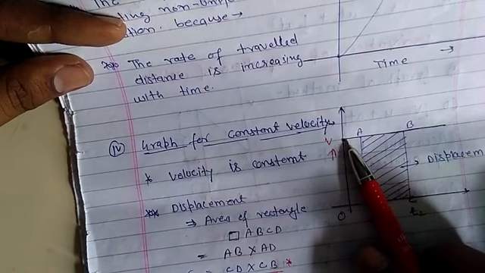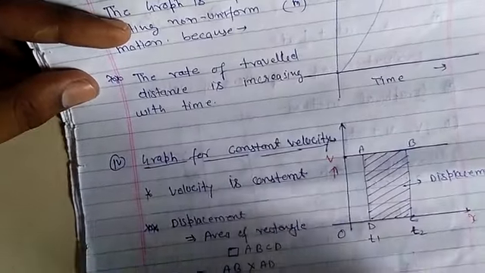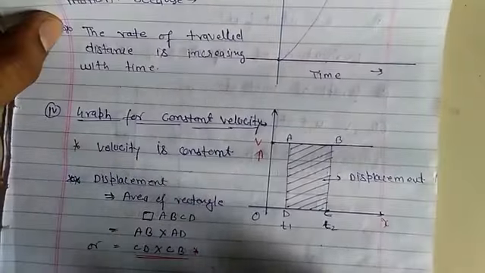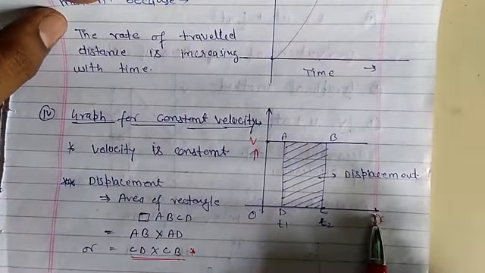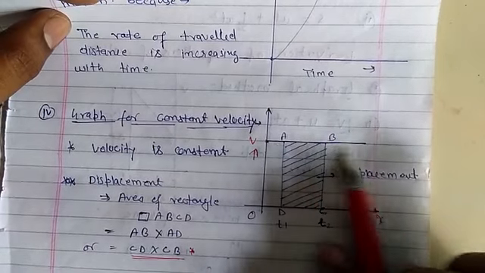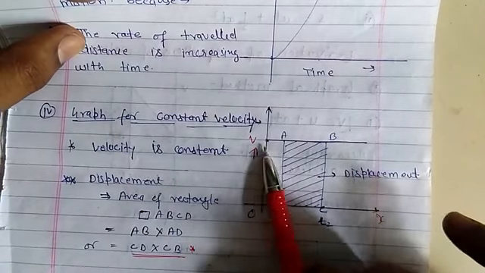So we get a straight line along the x-axis. This is the case for constant velocity.